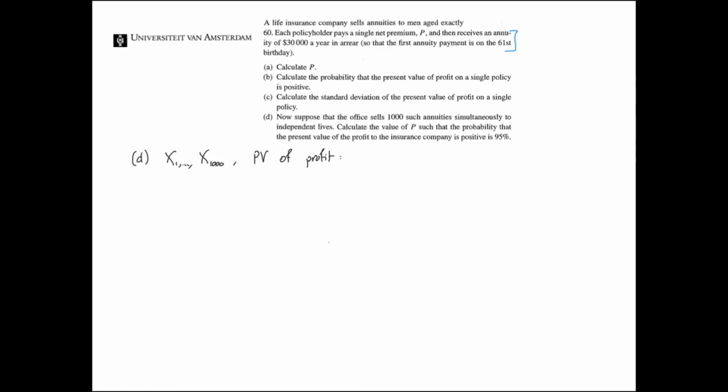So they are random variables with a mean equal to, for each xk, let's say, some new value p, and we look at the difference with the value that we found in part A. And its standard deviation is what we computed in part C.